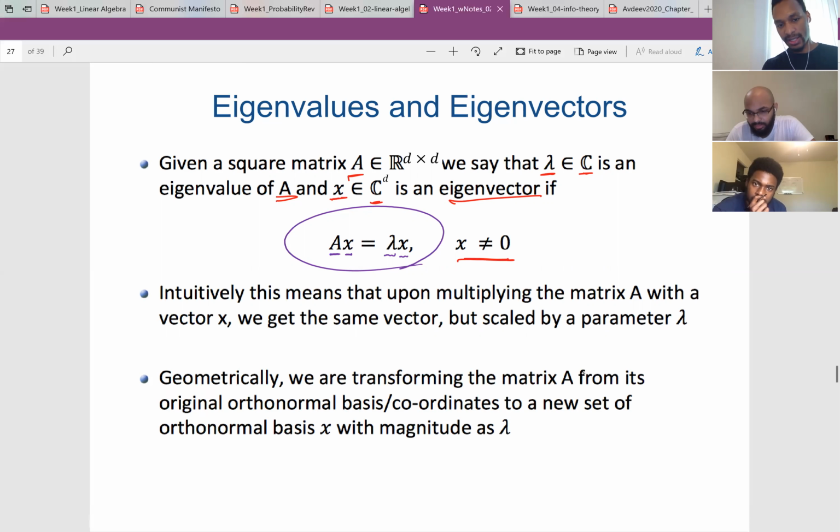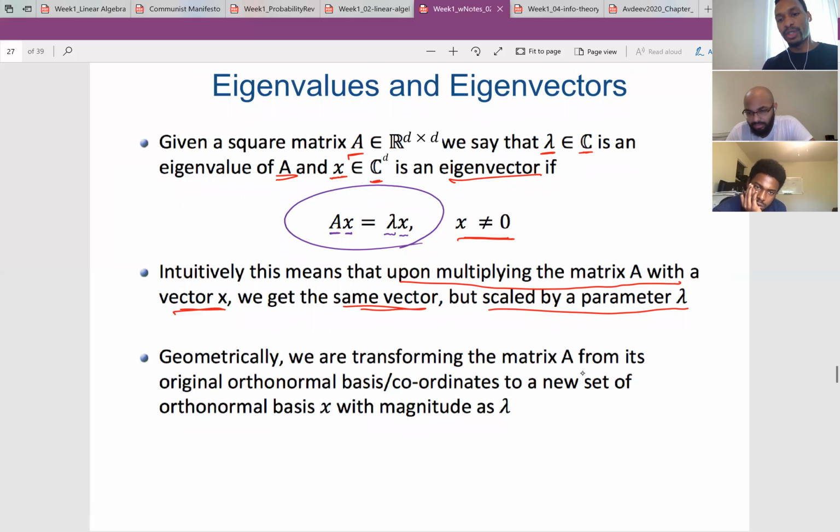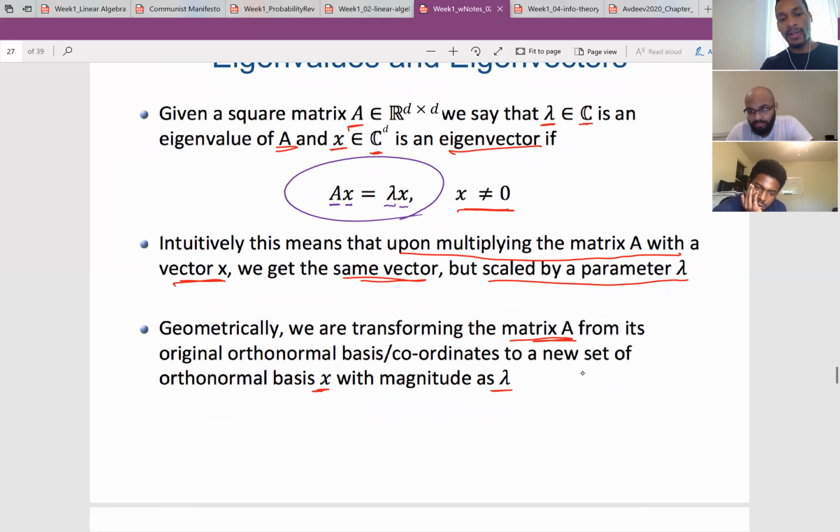Basically what this equation says is that upon multiplying the matrix A with a vector X, we get the same vector, but scaled by some parameter lambda. Geometrically, I think this is going to be helpful. We're transforming the matrix A from its orthonormal basis to a new set of orthonormal bases X with magnitudes as lambda.